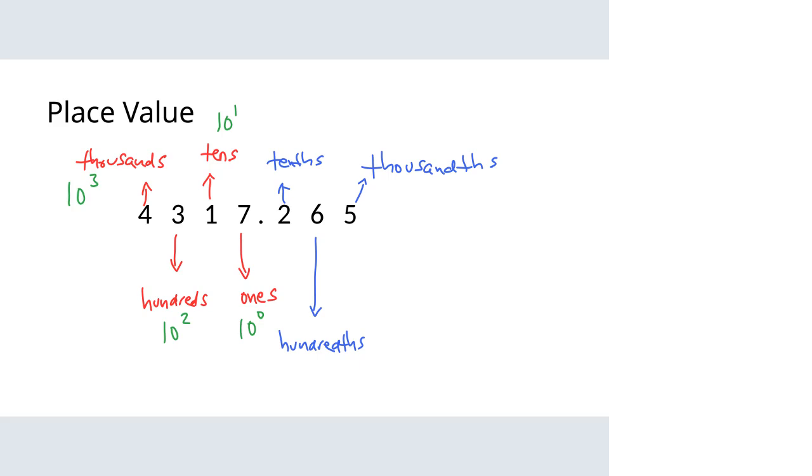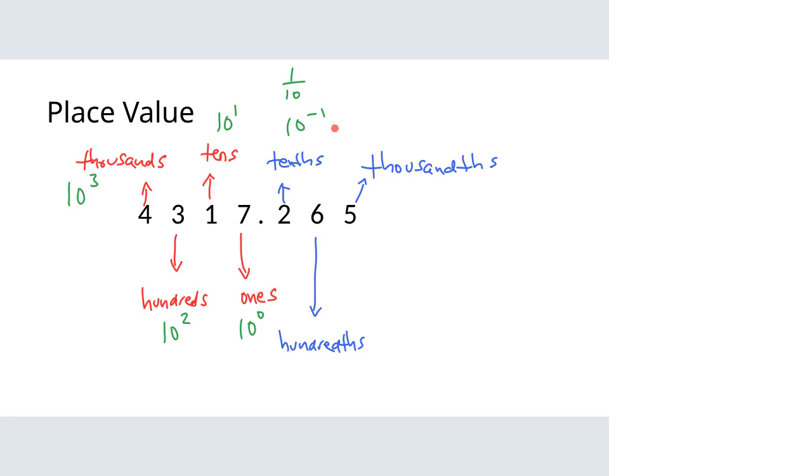You can do this a couple of different ways. You can see the tenths place and think, okay, that's 1 over 10. And if you remember from algebra class somewhere along the way, if we take a number and raise it to a negative exponent, that puts it on the bottom of a fraction bar.